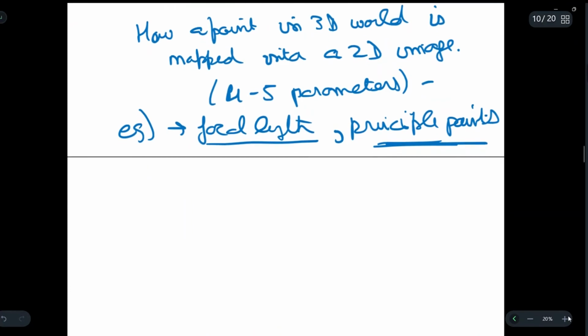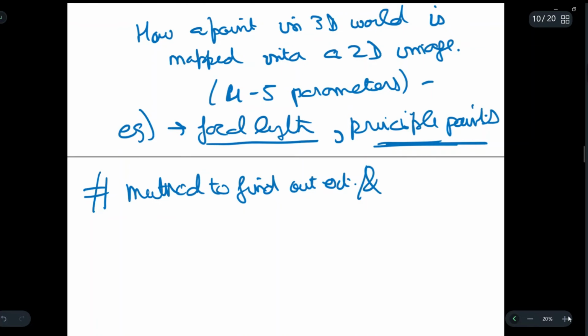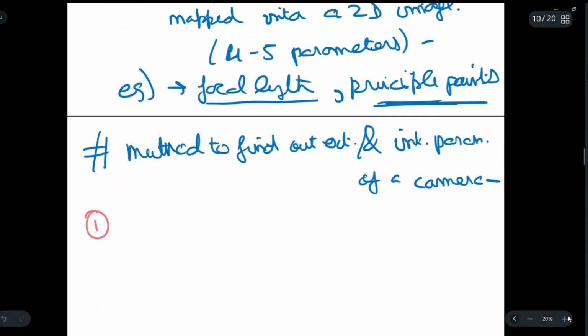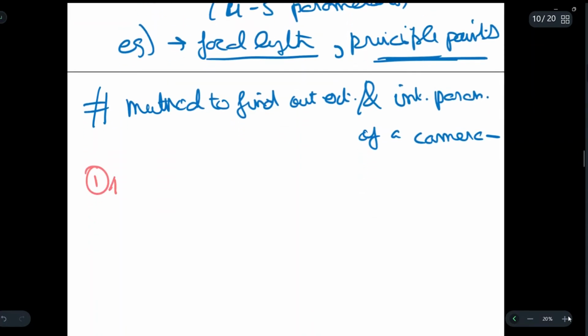The heading is the method to find the external and the internal parameters of a camera. So the first step is, first we will create a linear camera model.